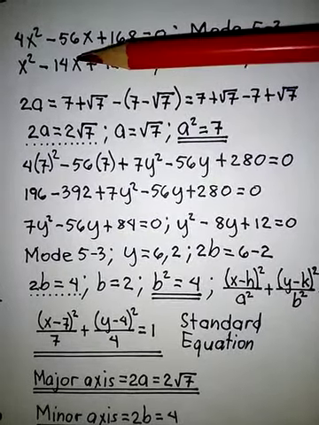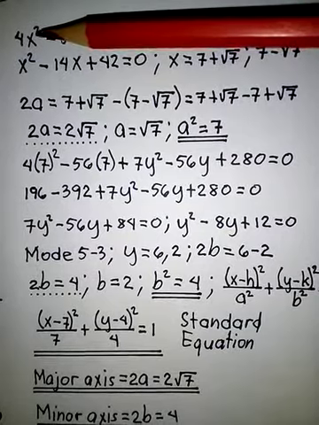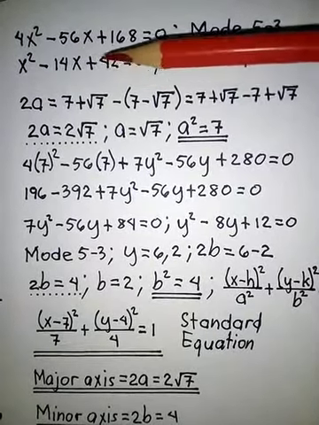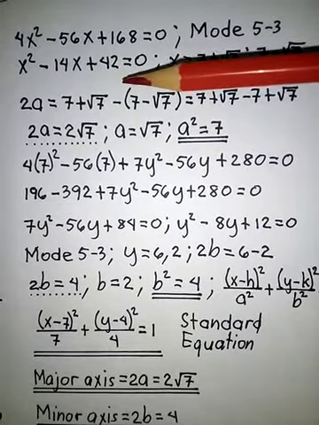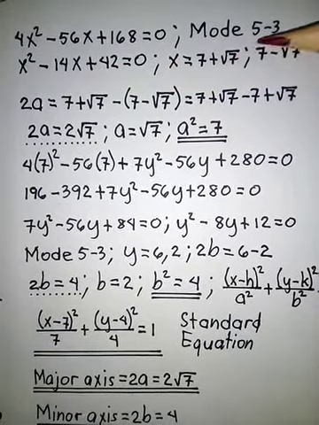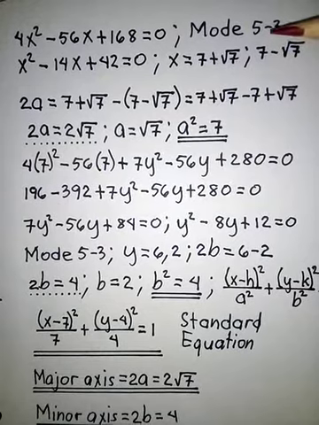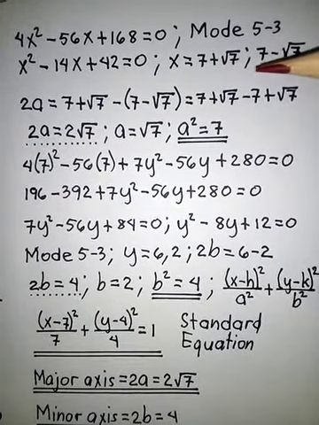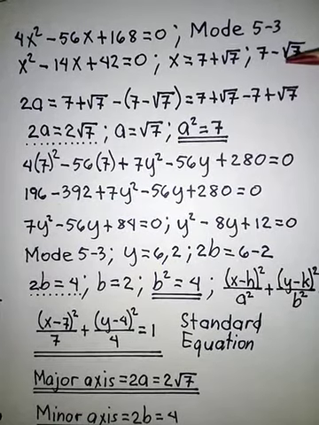Simplifying further, factoring out 4, we have x squared minus 14x plus 42 is equal to 0. Using mode 5.3 of our calculator, we will get x is equal to 7 plus square root of 7 and 7 minus square root of 7.